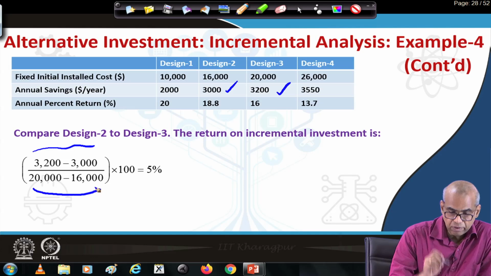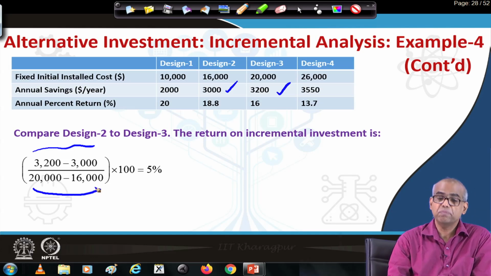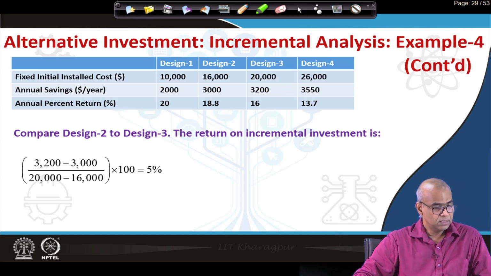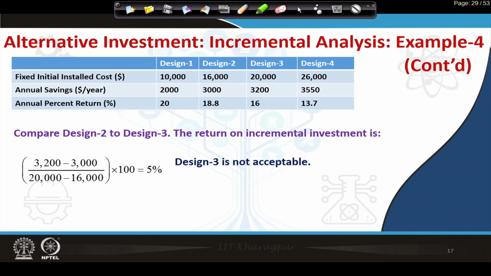So, divided by 20,000 minus 16,000, the rate of return you obtain is 5%, which is much less than the standard set by the company policy, which is 15%. So, design 3 is not acceptable. So, design 2 is the most preferred choice. So, that is the alternative.